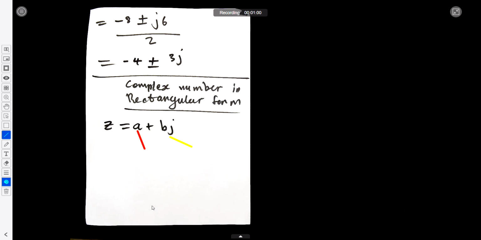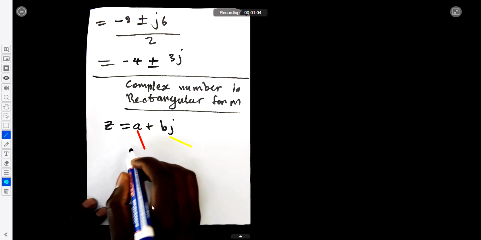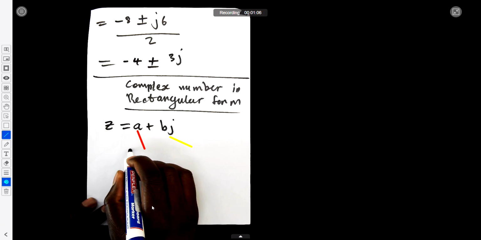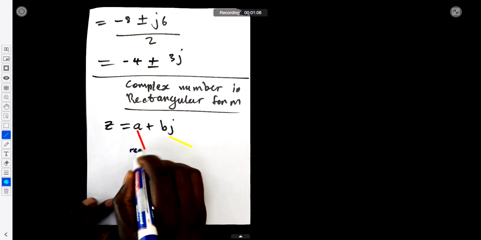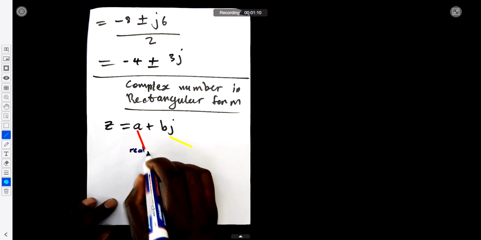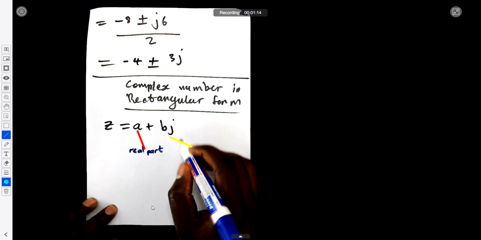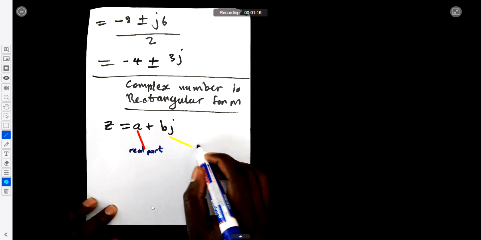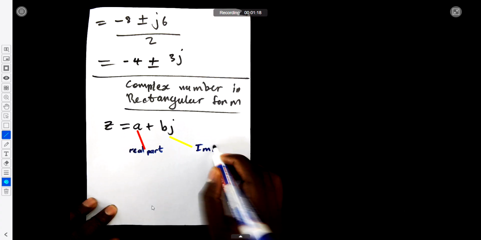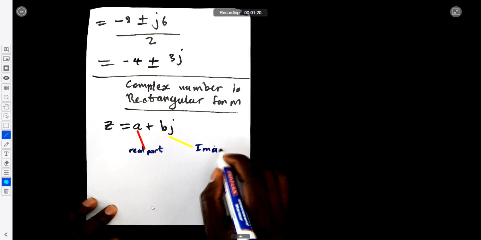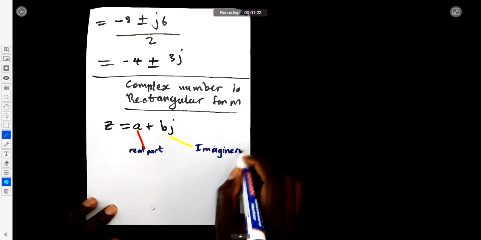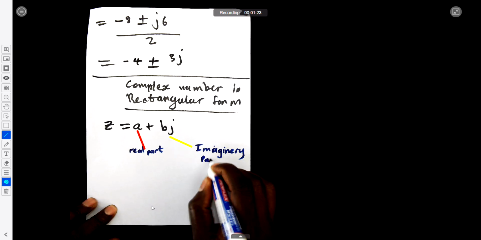So the first part is the real part, and this is the imaginary part.